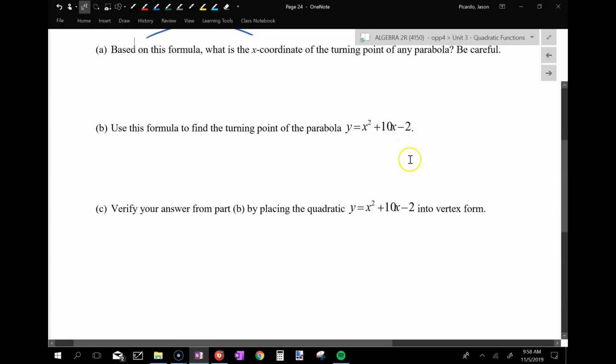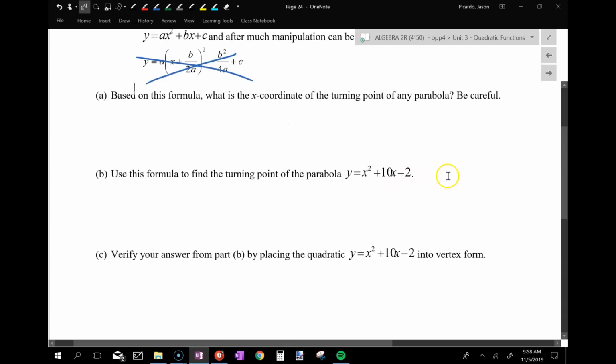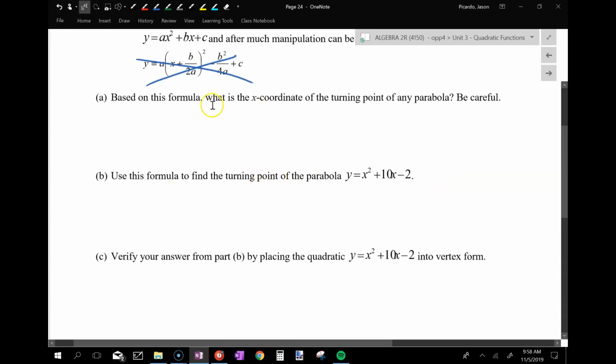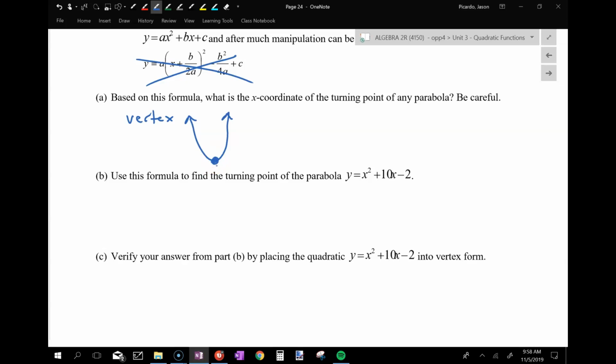Guys, who took algebra last year? Okay. When I say vertex, remember, the vertex is nothing more than what? Here's my parabola. Here's my vertex. If I asked you guys to give me a piece of information, what would you say?